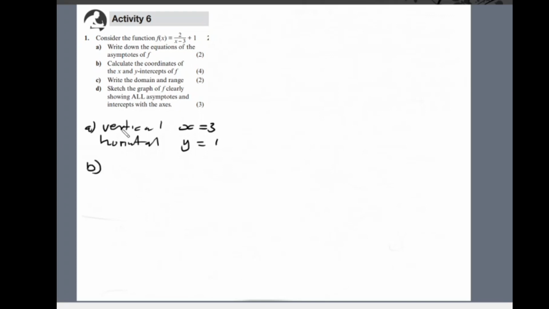And then going to B, calculate the coordinates of the x and y-intercepts of f. The y-intercept, we let x be 0, and then we'll have f of 0 equals 2 over, wherever I see x I put 0, minus 3, plus 1, so this will be minus 2 over 3 plus 1, which will be 1 over 3, right?